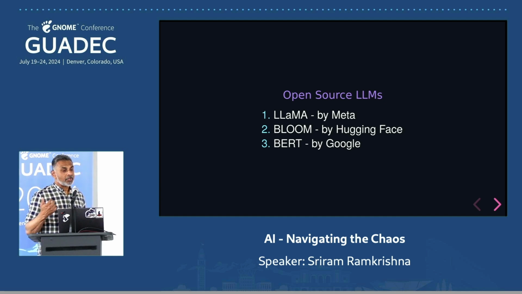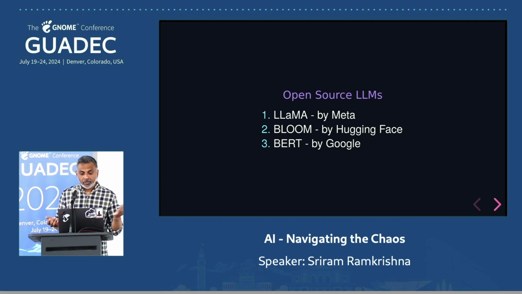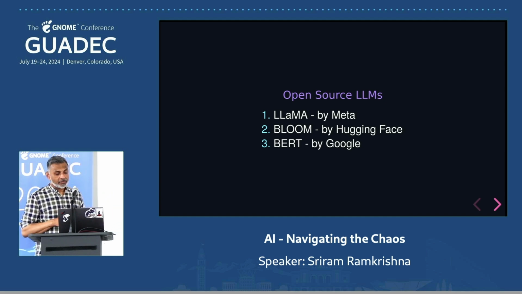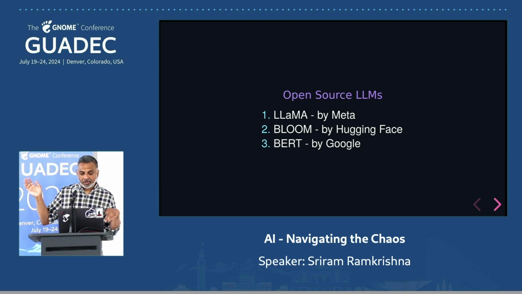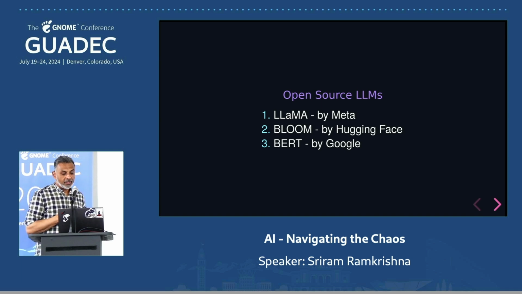And for open source LLMs, of course, Meta has Llama, and Bloom is another one from Hugging Face, and then BERT by Google. And Microsoft has one. So everybody probably has some kind. OpenAI's older ones had an open source license, but the new one is more proprietary. So it's generally been that.